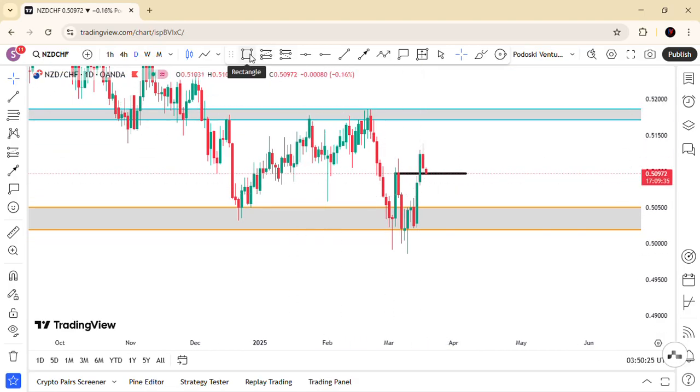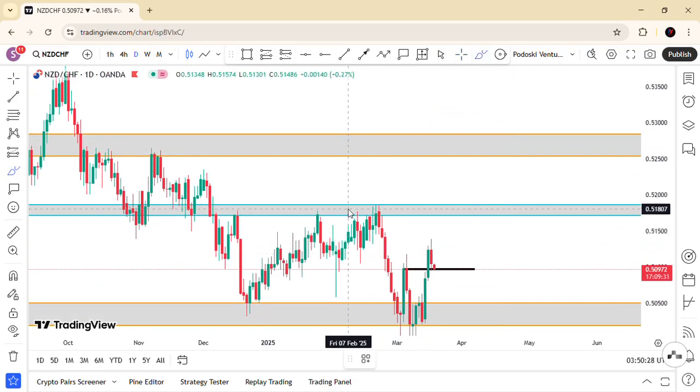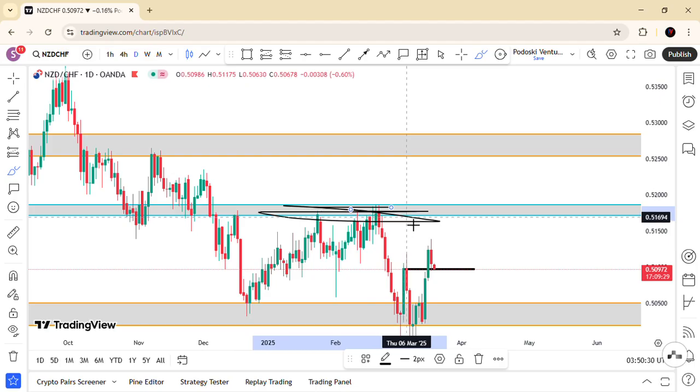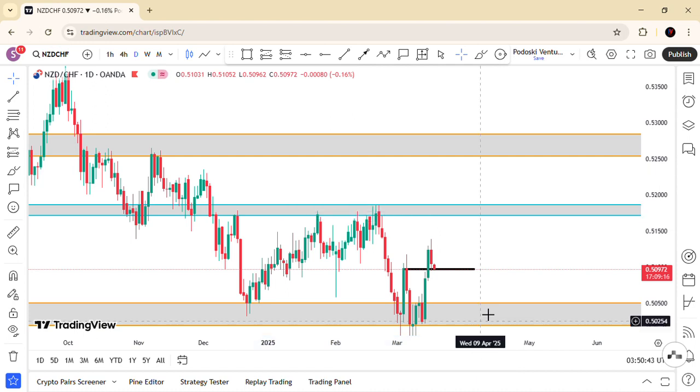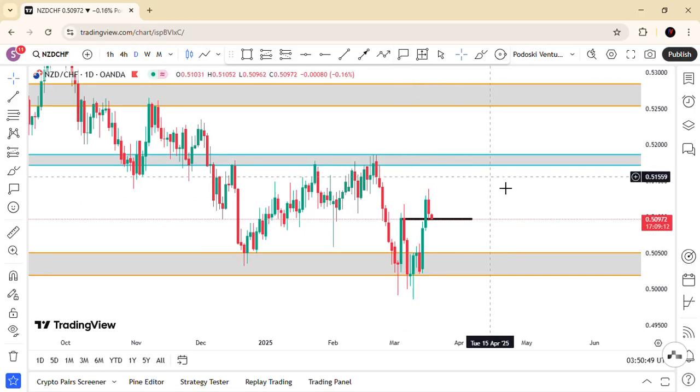On the daily time frame, I have my daily upper zone here. With the daily upper zone, price on the daily time frame is in an uptrend.